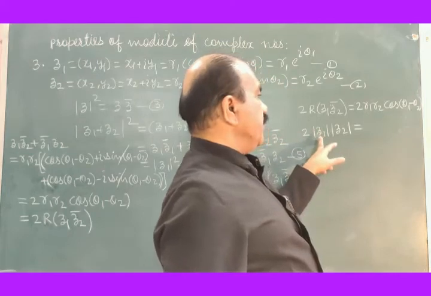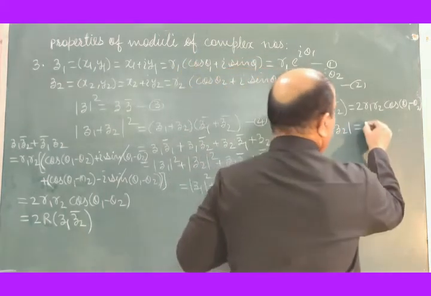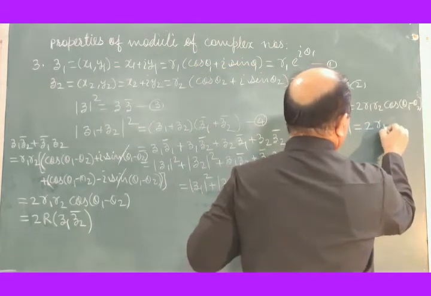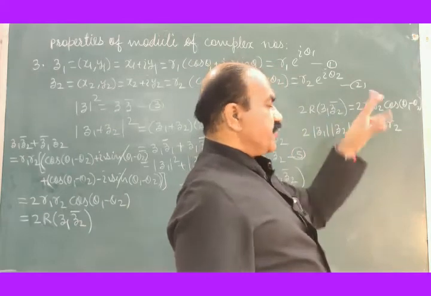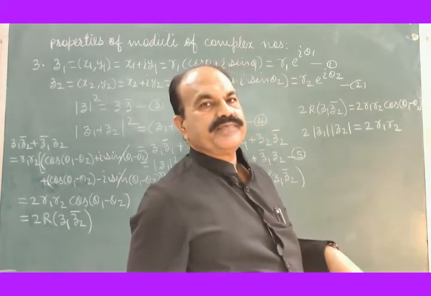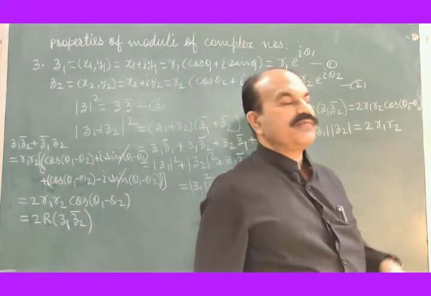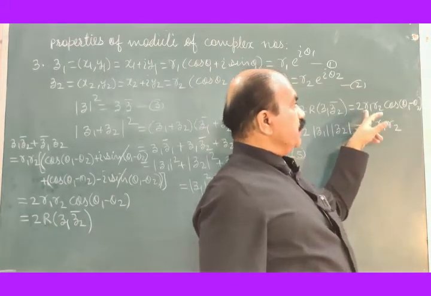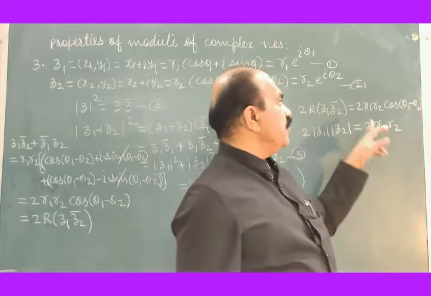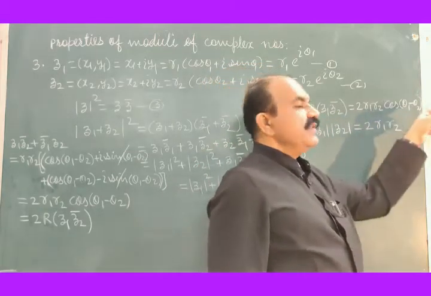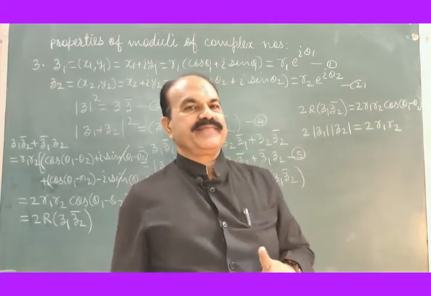Two into modulus of Z1 into modulus of Z2 will be 2 R1 R2. Let us compare these two: cos of theta 1 minus theta 2. 2 into R1 into R2 cos theta 1 minus theta 2 will be equal to 2 R1 R2 if cos theta 1 minus theta 2 is 1.